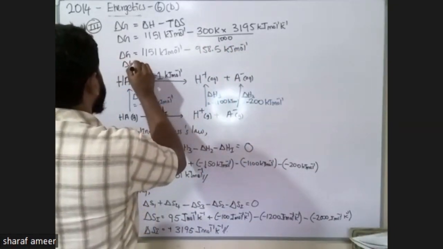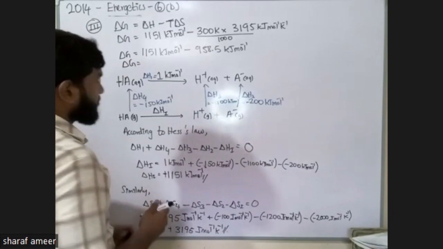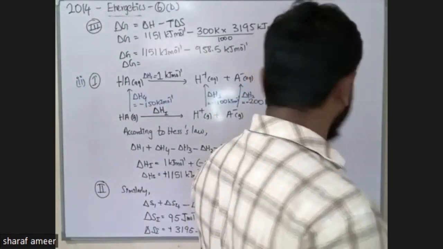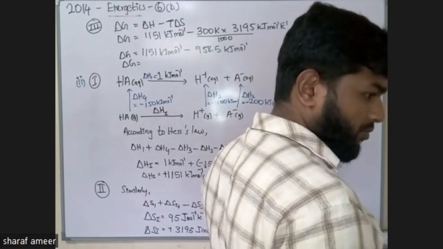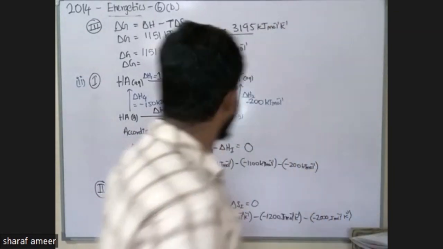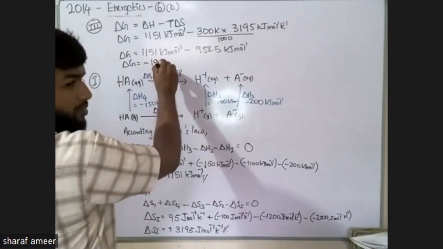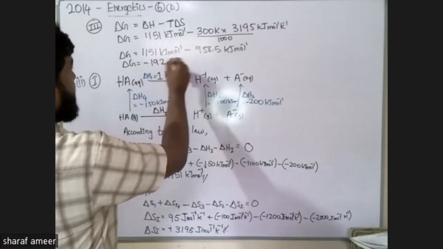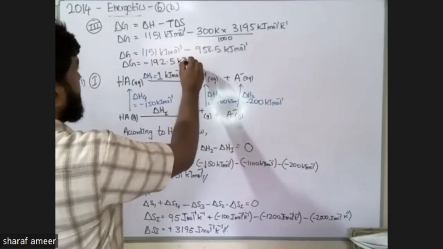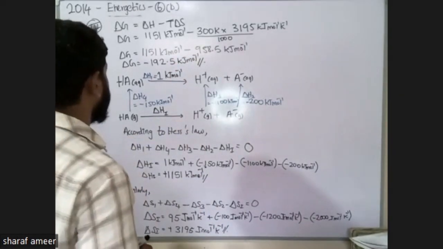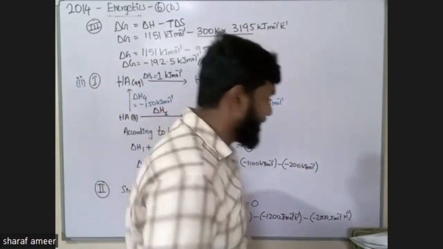So delta G is equal to minus 192.5 kilojoule mole minus 1. So this is the answer for the Gibbs energy.